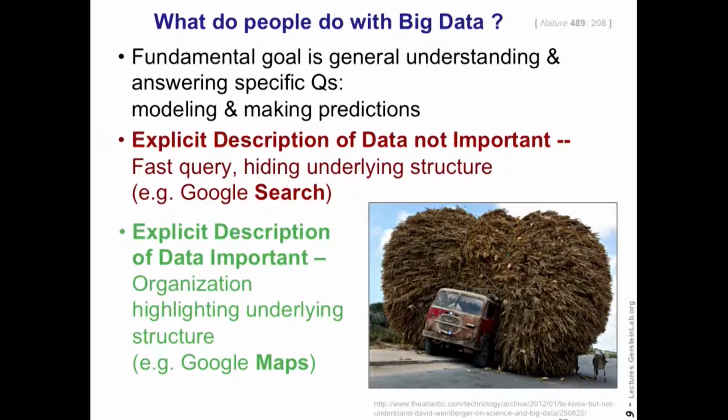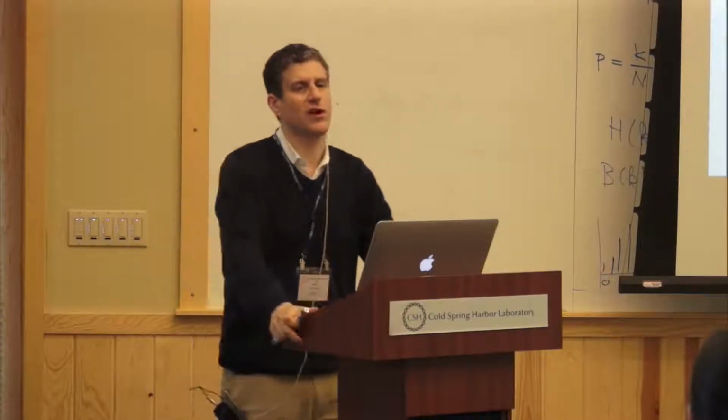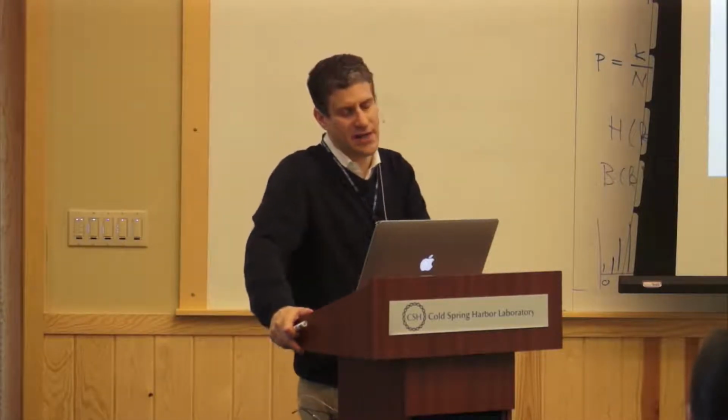So first, a little bit more of what we see in science. One of the disciplines that people talk about in science that has to do with a large amount of data is particle physics. And this picture here represents this amazing discovery that they had recently, where they discovered the Higgs boson. You've probably all heard about this. And the Higgs boson is interesting. They have to deal with truly gargantuan amounts of information, petabytes of information.